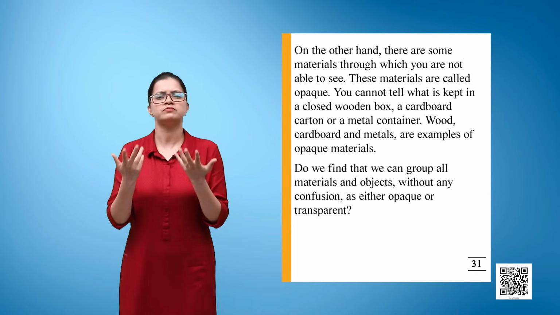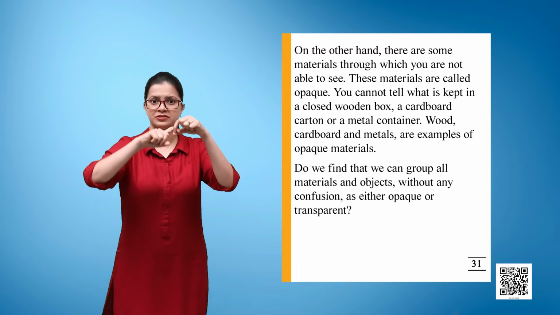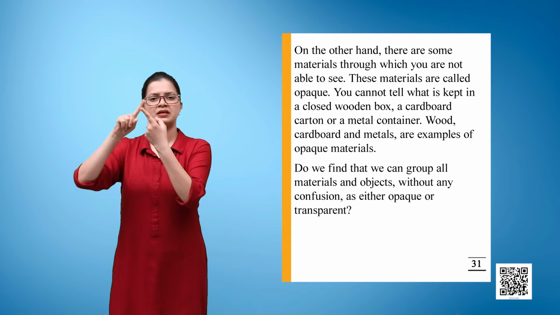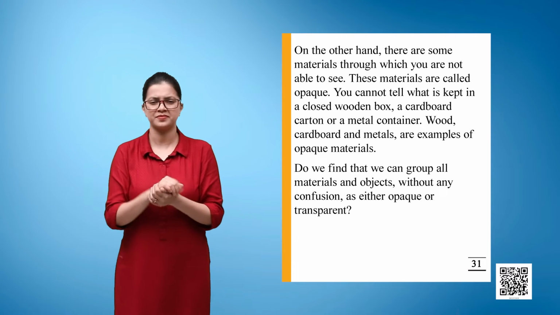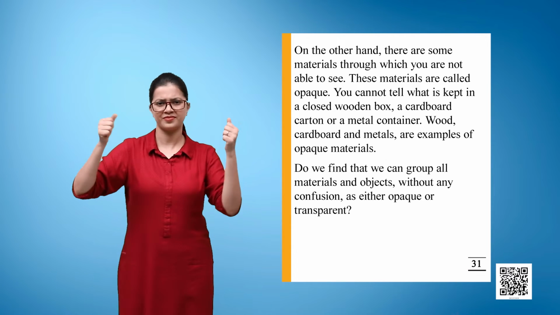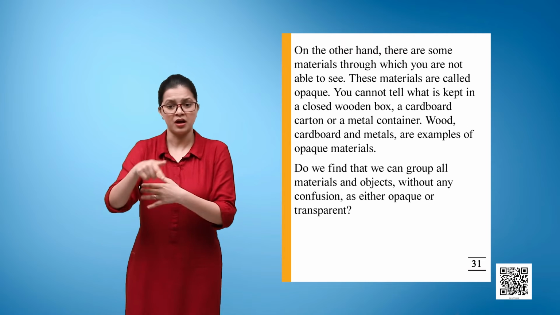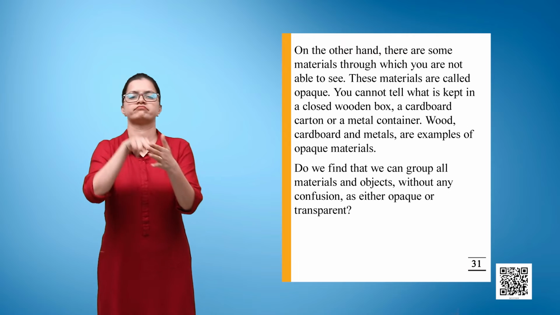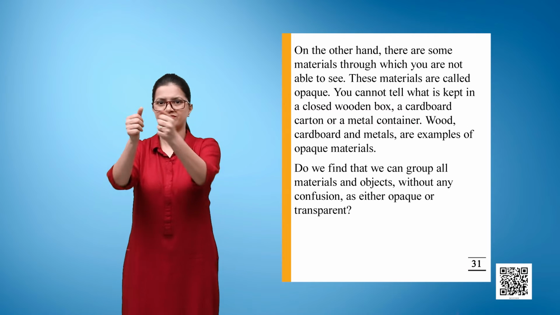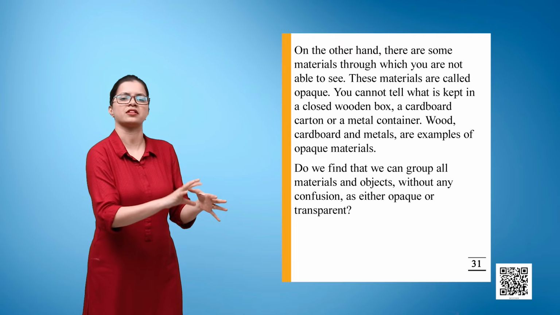These materials are called opaque. You cannot tell what is kept in a closed wooden box, a cardboard carton, or a metal container. Wood, cardboard, and metals are examples of opaque materials.